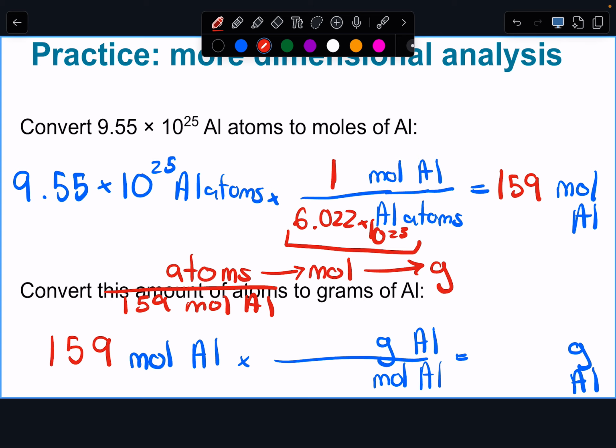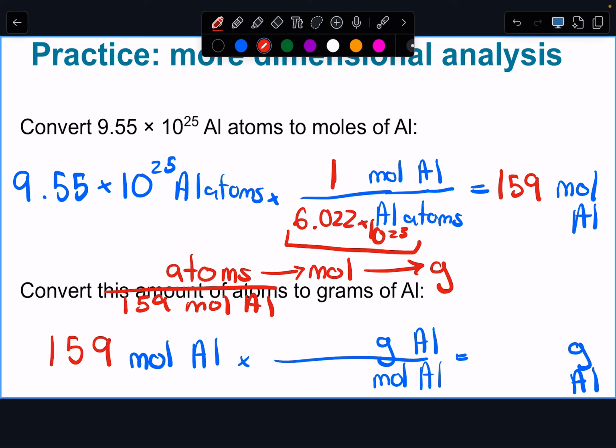Okay, so similar approach. We have the moles of aluminum and we want grams. You put in the units, moles on the bottom to get rid of it, grams on top. And now, again, what you're trying to trigger in your brain is anytime you see grams and moles together, go to the periodic table. That's where that conversion factor number is going to come from.